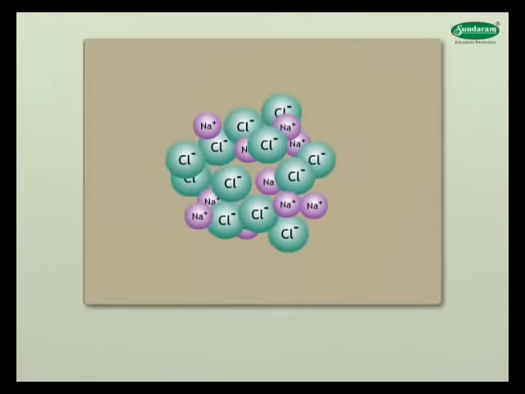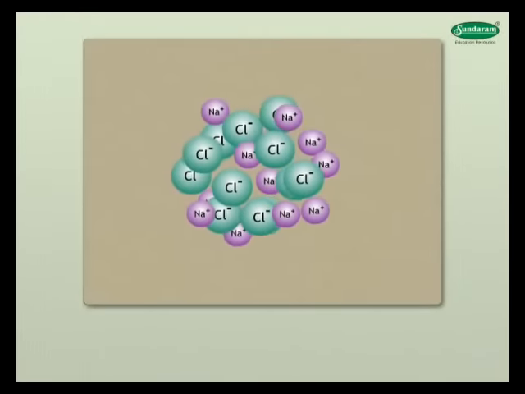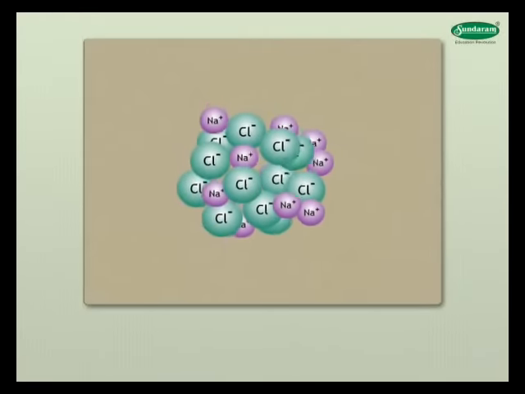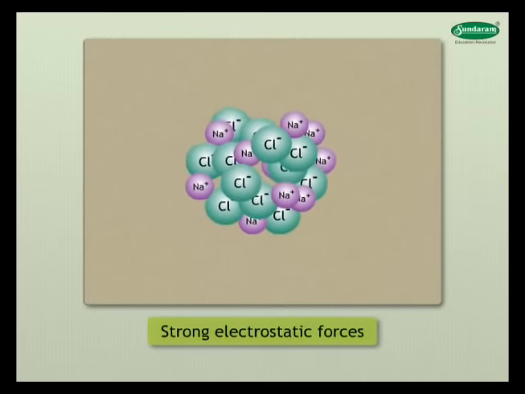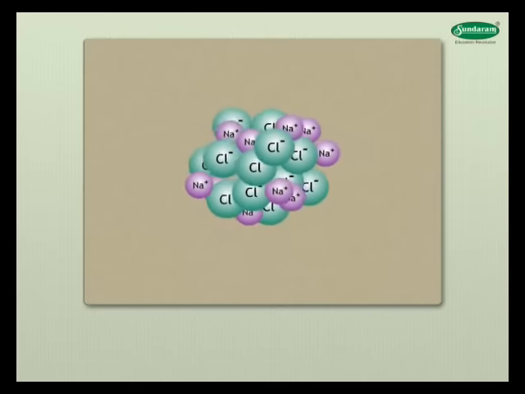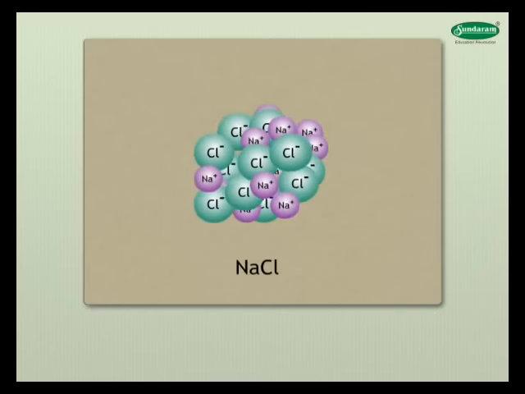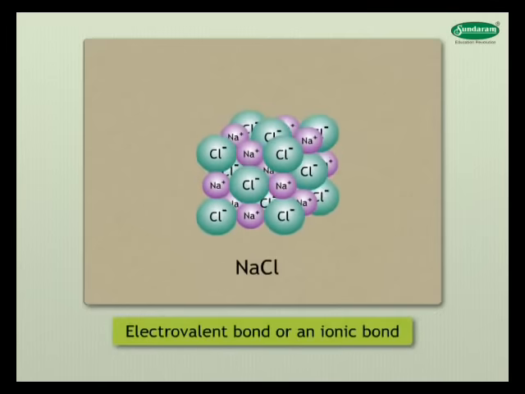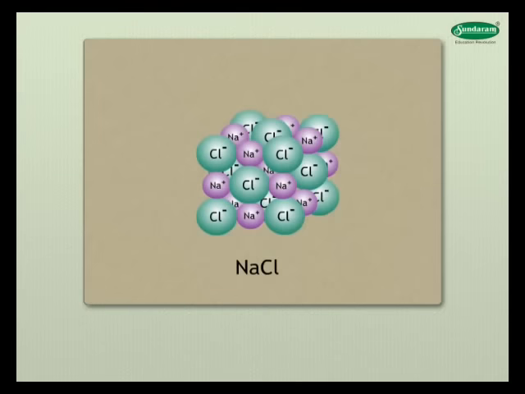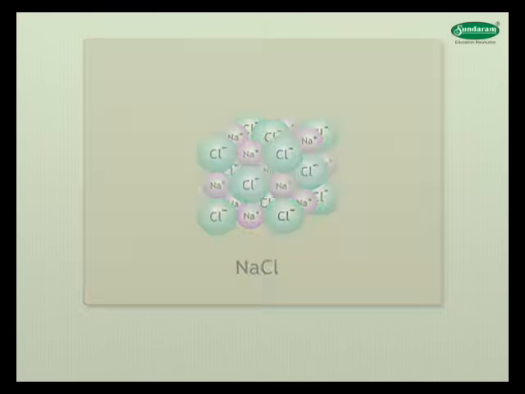Sodium and chloride ions, being oppositely charged, attract each other and are held by strong electrostatic forces of attraction to exist as sodium chloride, NaCl, resulting in formation of an electrovalent bond or an ionic bond. It should be noted that sodium chloride exists as aggregates of oppositely charged ions in definite geometrical shape as shown.